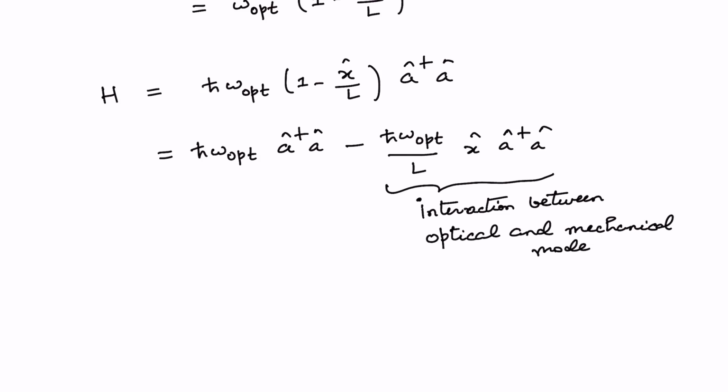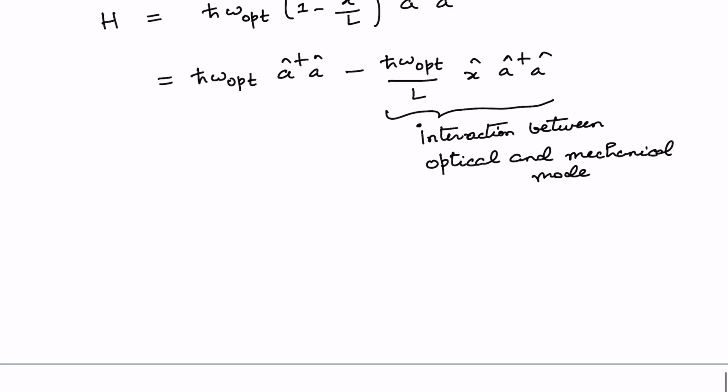On the other hand, the optical frequency oscillates in the terahertz regime. So there is a big difference in frequencies. That's why the quanta of the mechanical mode is said to be phonon.